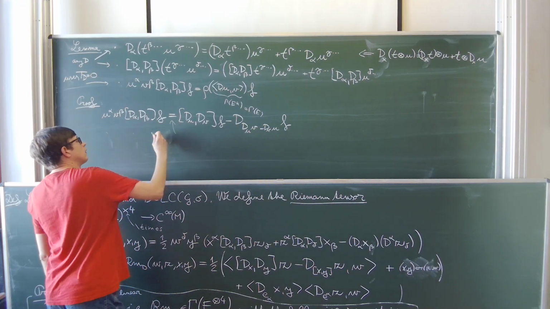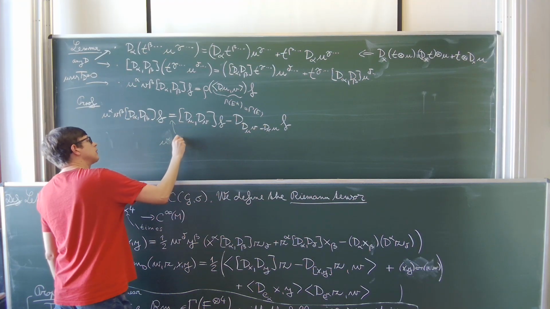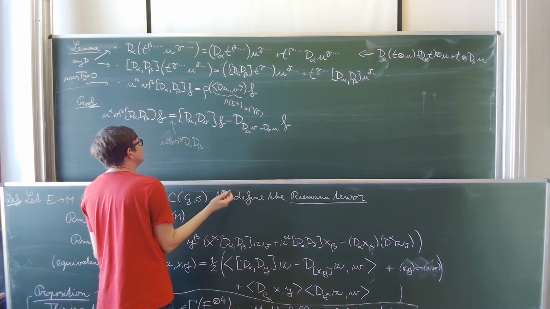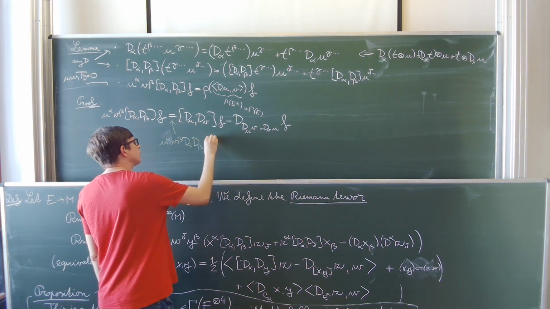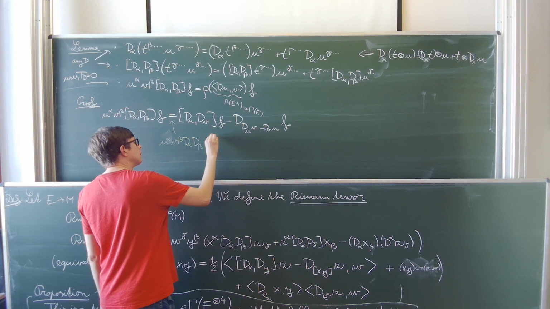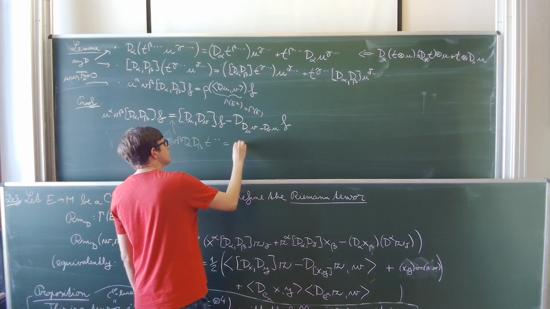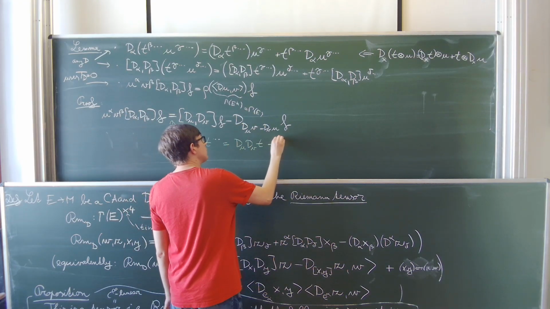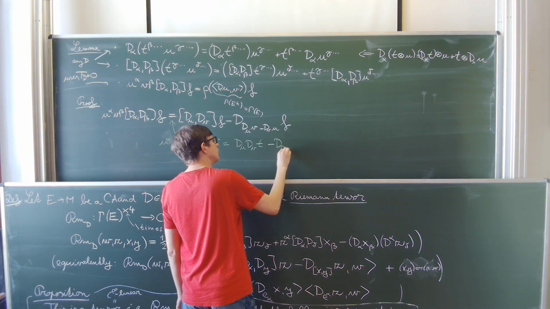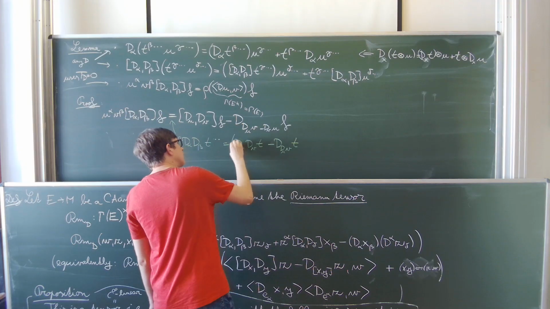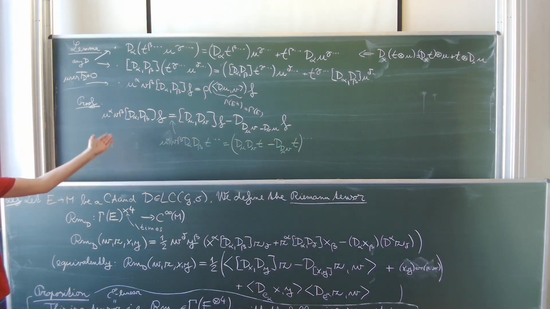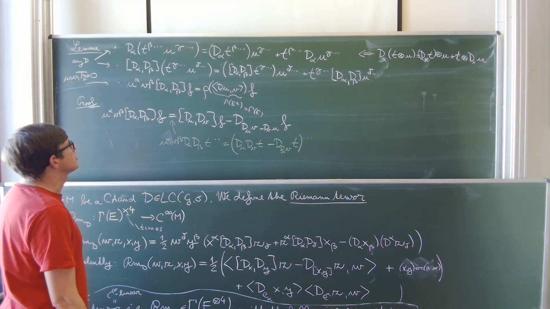It says u alpha, v beta, d alpha d beta on any object t with some indices is d_u d_v on t minus d_v d_u on t, and then the whole thing. Applying this to a function, I get this thing. This is the transition between these two languages.